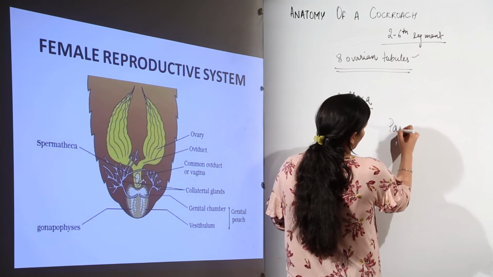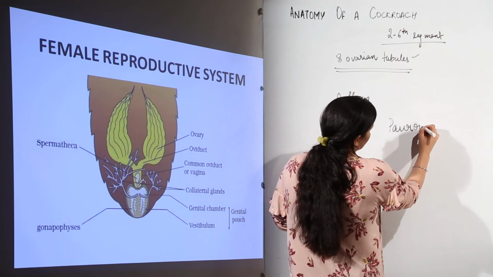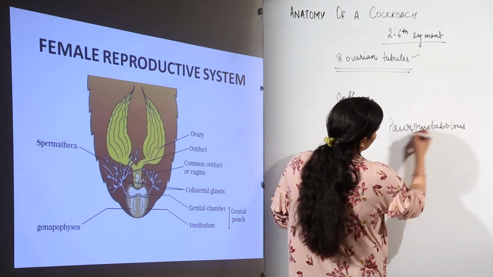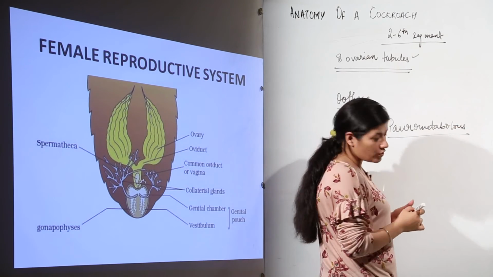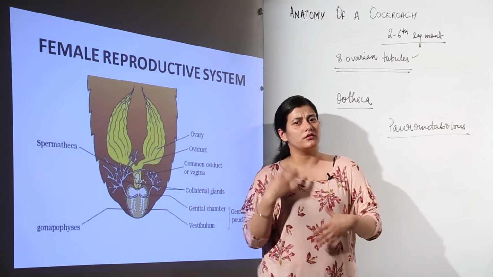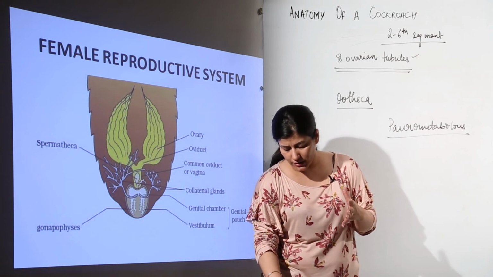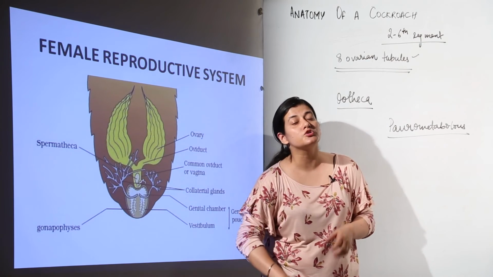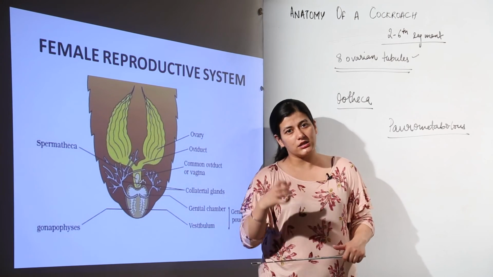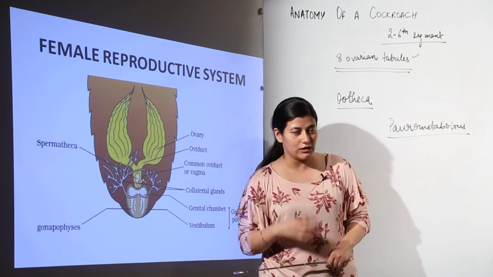Now what is paurometabolic development? That is the nymphal stages. Cockroach does not grow directly into the adult cockroach. There are many nymphal stages, almost 13 nymphal stages that the cockroach undergoes, and there is a close resemblance between the nymph and the adult.